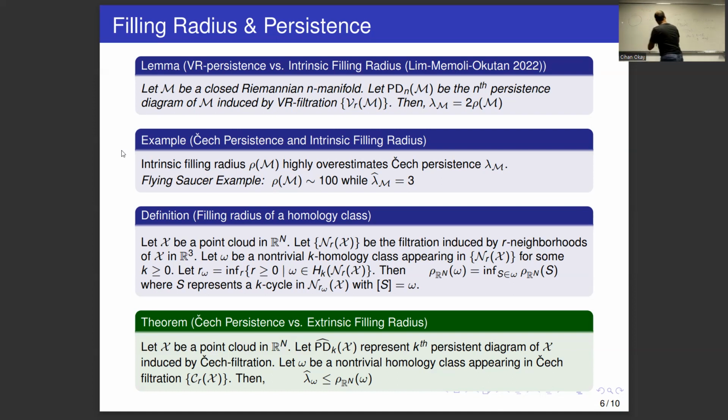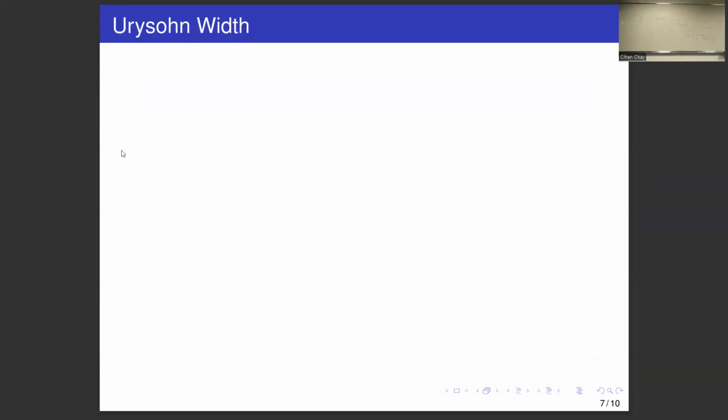If you think about that, the lifespan of this homology class will be 0.5, because when you hit 0.5, there is a contribution from the middle, and then it will close the whole space. So in this one, 0.5 is my lifespan, but the filling radius is going to be still 1 in this one.